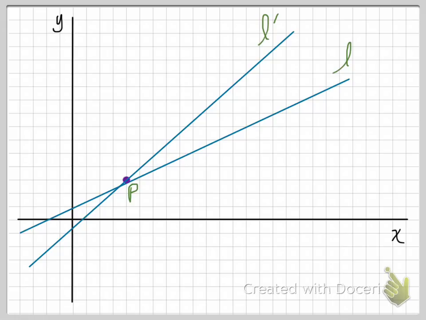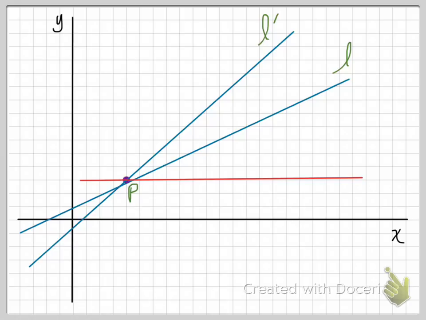I'm assuming that L and L prime have the same slope, okay? So I'm going to come over some distance, a vertical distance here. Let's get a different color for our line. Come over here, parallel to the x-axis.